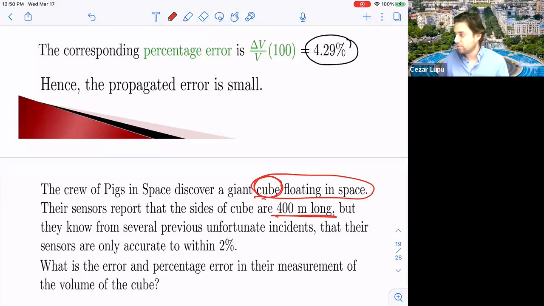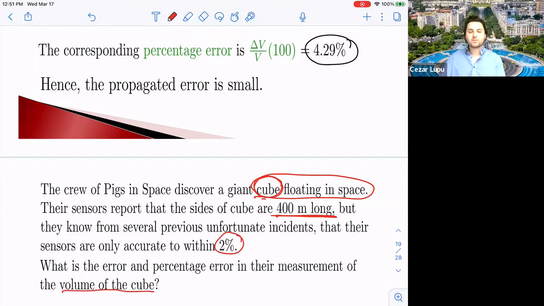So that's another piece of information. They know from several previous unfortunate incidents that their sensors are only accurate within 2%. Okay, so we're interested in the measurement of the volume of the cube.